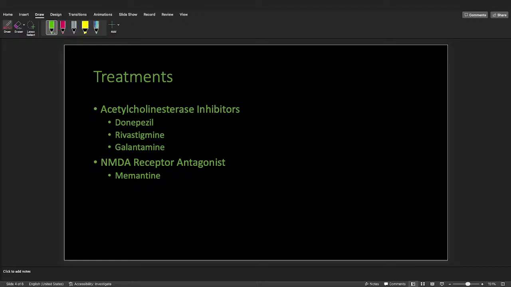These are the main medications you would probably use for someone with Alzheimer's. And then memantine, the NMDA receptor antagonist, is an interesting mechanism. So that one's kind of separate on its own, but these three fall in the same class of acetylcholinesterase inhibitors.